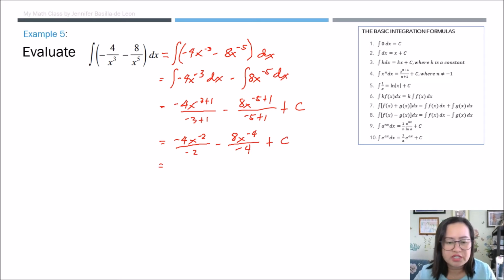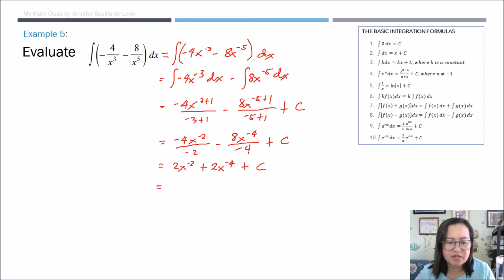Now simplifying each term, we will have negative 4 divided by negative 2, we will have 2x raised to negative 2. Now 8 divided by negative 4 is negative 2 times the negative sign, so we will have positive 2x raised to negative 4 plus c.